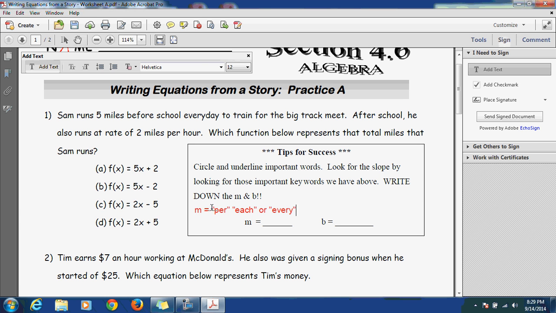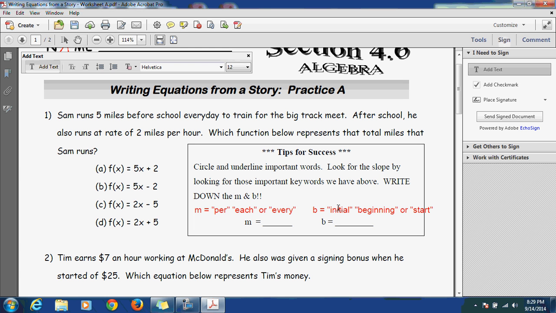When you see B, which stands for y-intercept, keywords would be things like initial, beginning, or start. Of course, there's many others that you could possibly have. These are just a few examples.